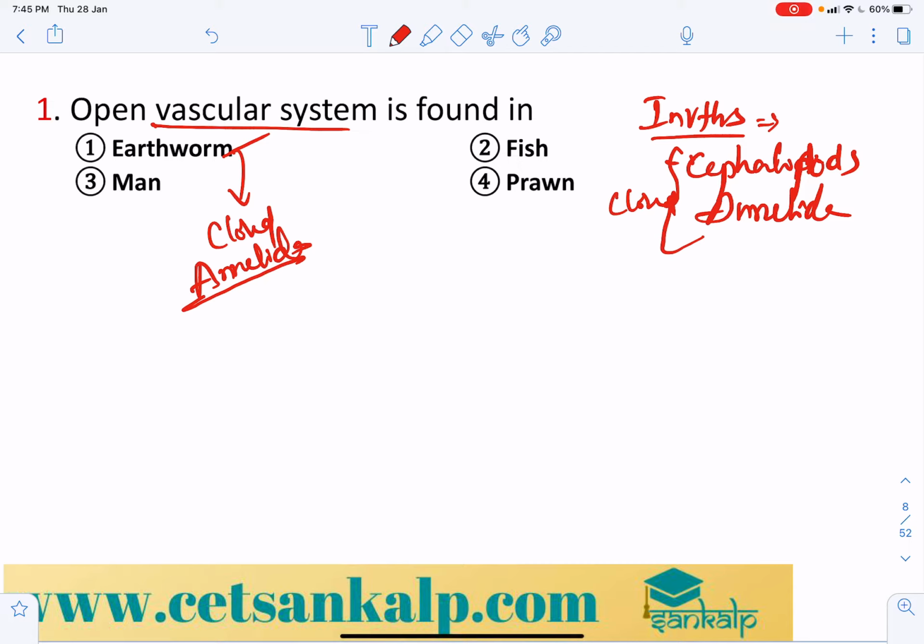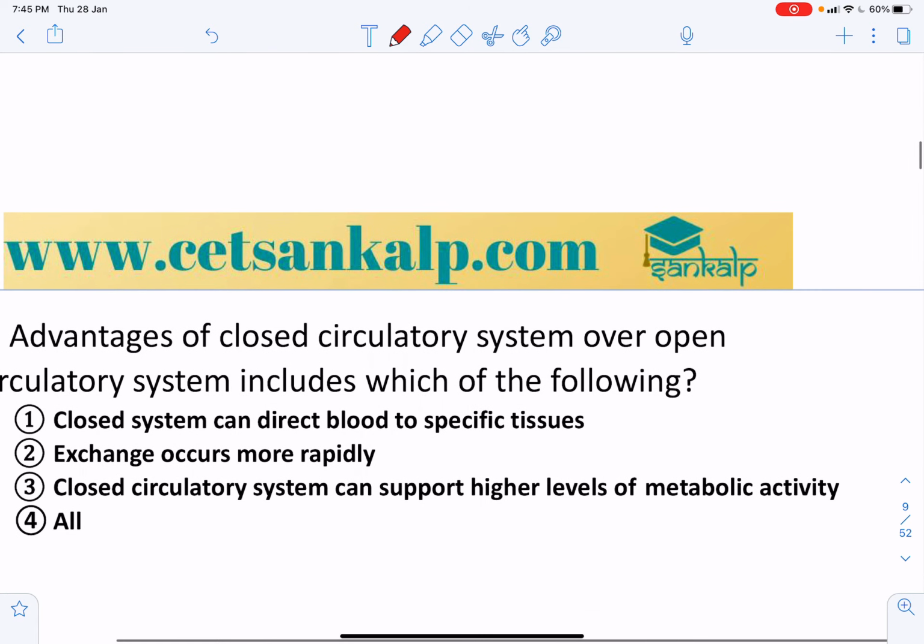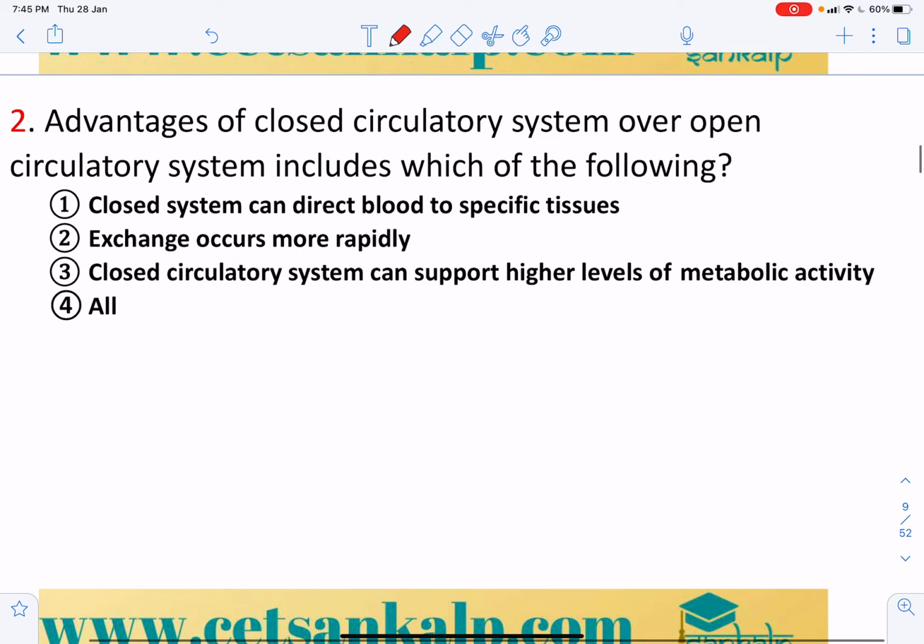Hence we won't select earthworm and man, as we know they have a closed circulatory system. In fish also we see a closed circulatory system, whereas in prawn we see an open vascular system. Next, the advantage of closed circulatory system.